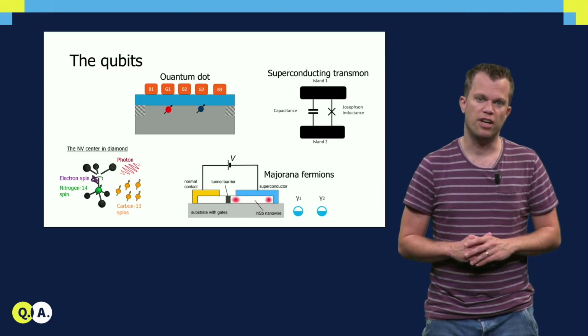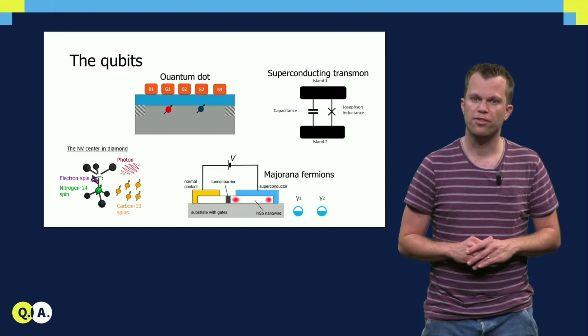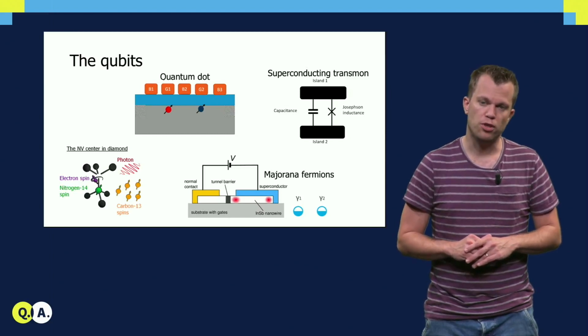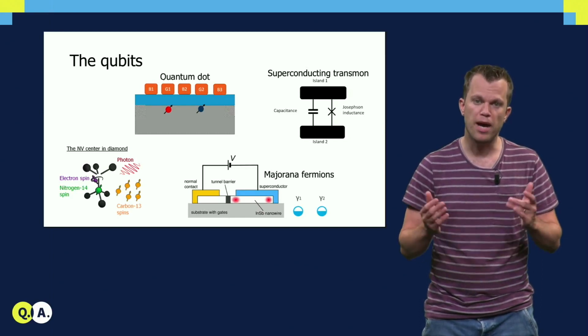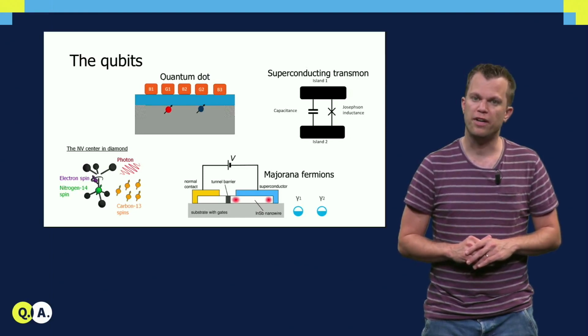And these centers in diamond are particularly interesting as they can be coupled to photons, providing an optical link between spin qubits that are distant from each other.